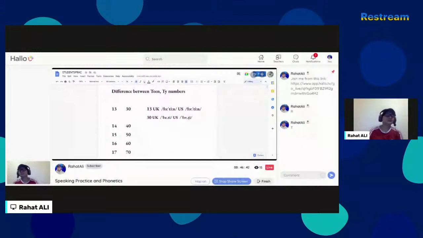And I'm sure you are aware of syllables, how a word is broken for the comfort of pronunciation. So thirty and thirteen, remember that.